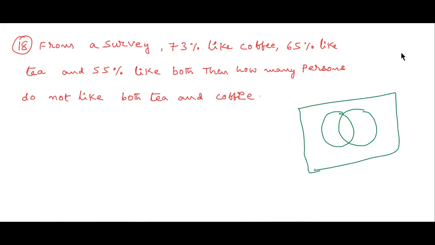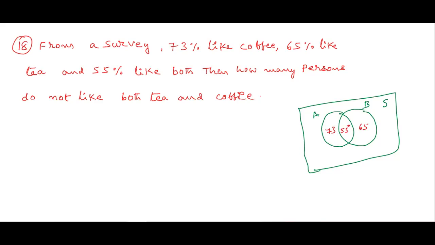Now this is the sample space. Now this is A, this is B. A means tea, B means coffee. Tea, how many persons like? 65%. So B means you can take tea, 65%. 73% like coffee, but both like 55%.